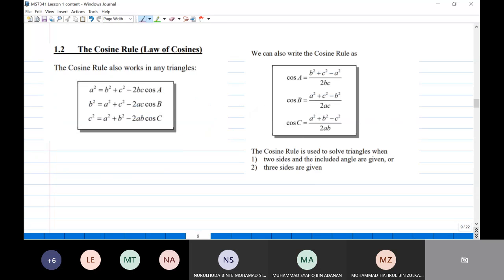Then there's the law of cosines. Let me draw a triangle again so that I can reference it.